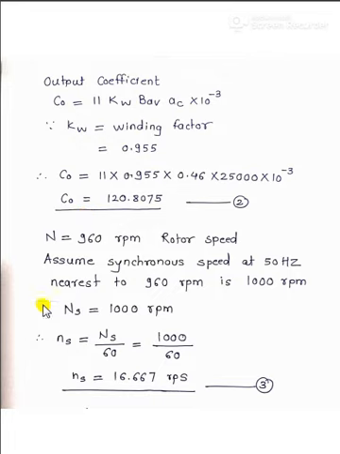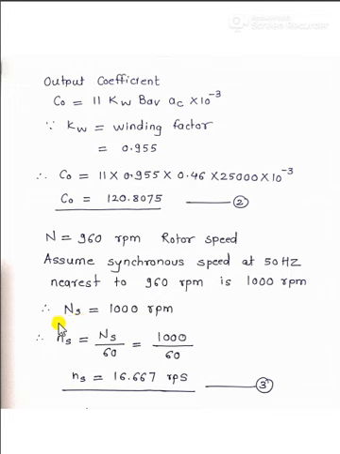Then next we will move on to calculating NS, that is synchronous speed. But in the problem the speed is given as 960 rpm. This is a rotor speed, but we want the synchronous speed. So we are assuming the synchronous speed at 50 Hz. The nearest to 960 rpm is 1000 rpm. So our assumption is that synchronous speed capital NS is 1000 rpm.